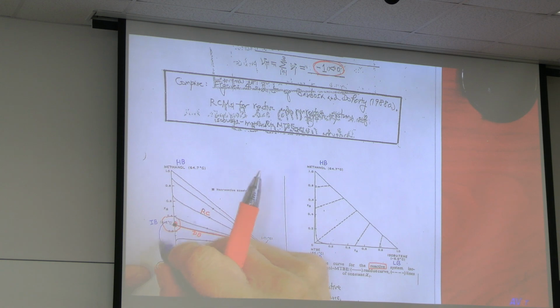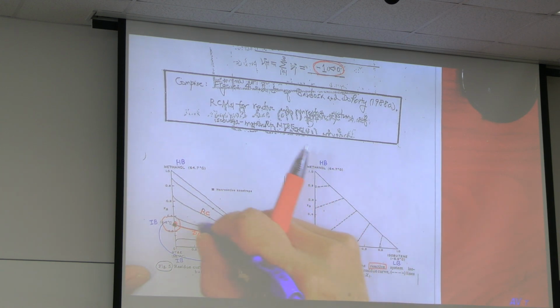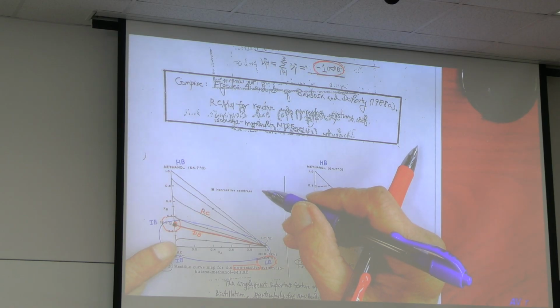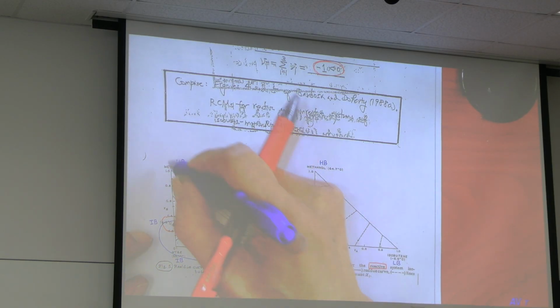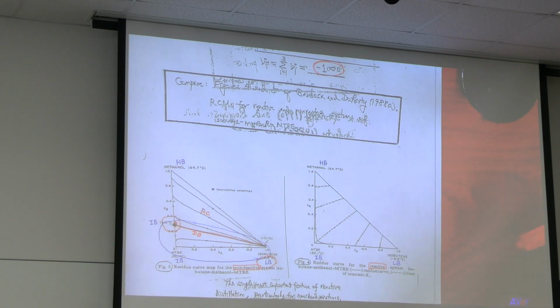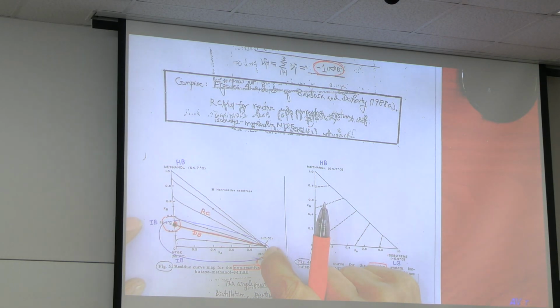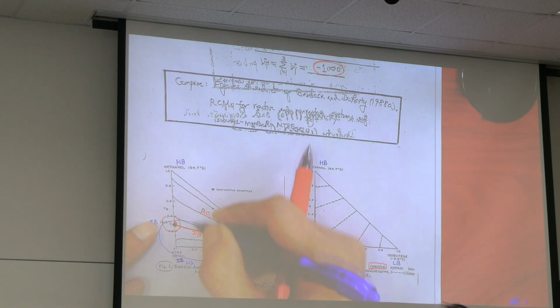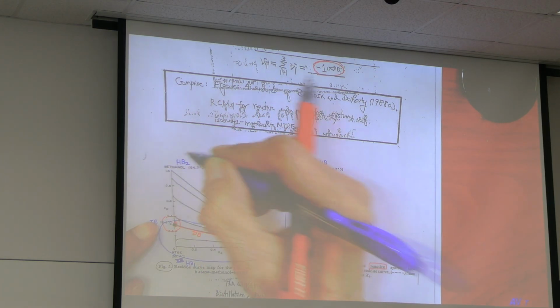Dividing the non-reactive system into one region here, the other region at the top. So, in the lower region, LB, IB, this could be HB1, this be HB2.